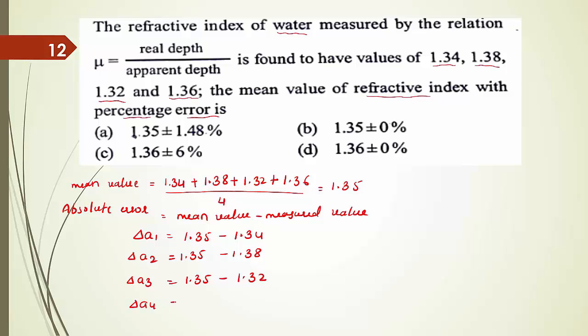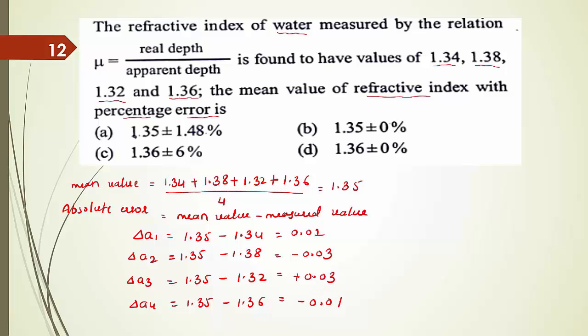Delta A4 is equal to 1.35 minus 1.36. Now we will get the absolute errors. Delta A1 is 0.01, delta A2 minus 0.03, delta A3 plus 0.03, delta A4 minus 0.01. These are the absolute errors.